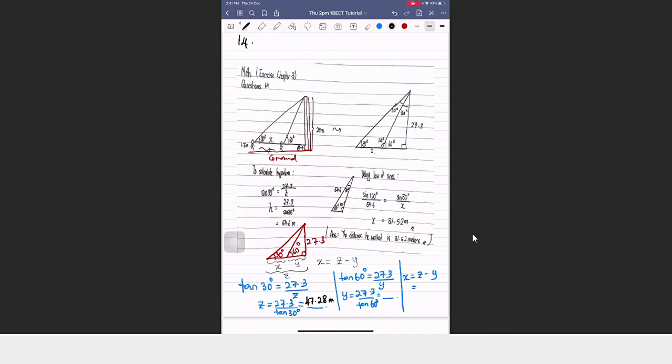Y. Y is 15.76 degrees. 15.67 meters. Okay, it's the angle, eh? Okay, subtract those two. .52 meters. Okay, so same, eh?